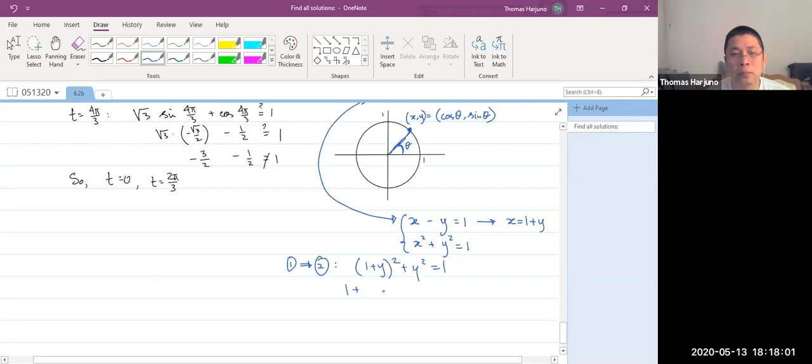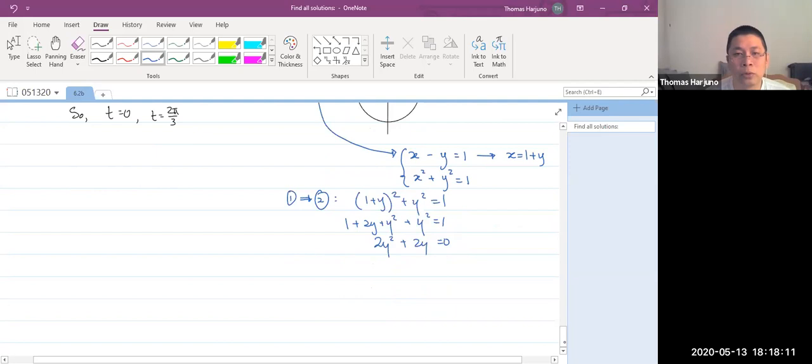So 2y squared plus 2y equals 0. Factor the 2y out, so either y equals 0 or y equals negative 1.